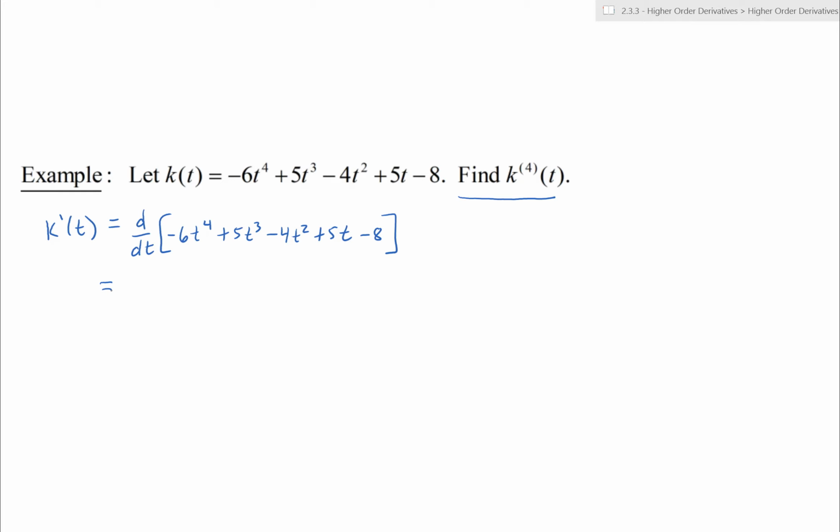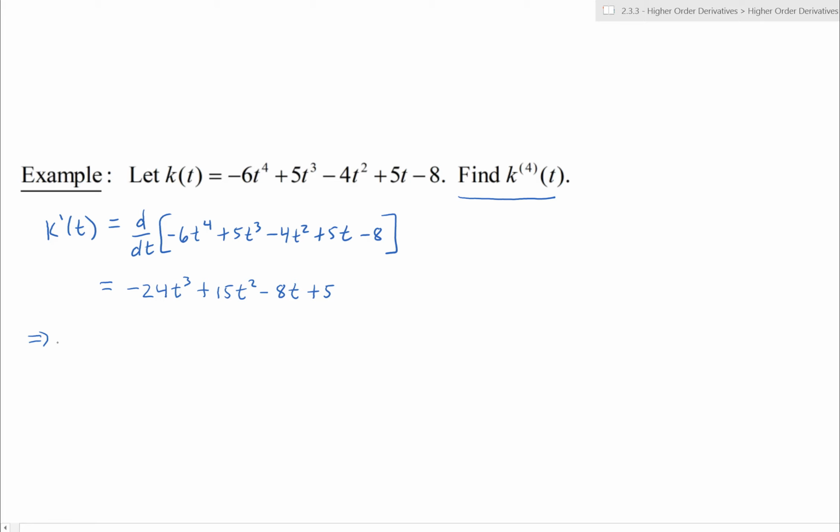So term by term, we get a negative 24t cubed plus a 15t squared minus an 8t plus a 5. There's my first derivative here, k prime of t.